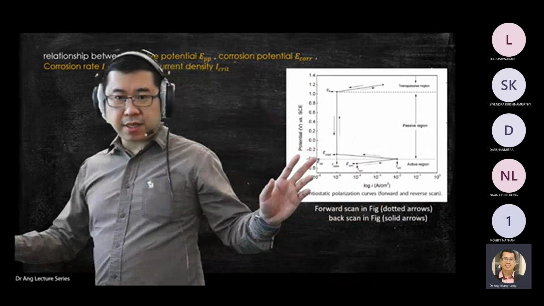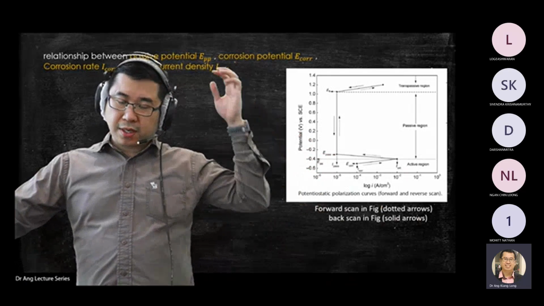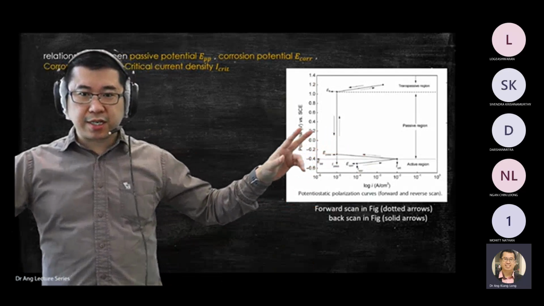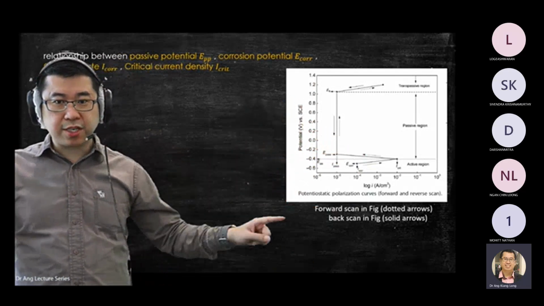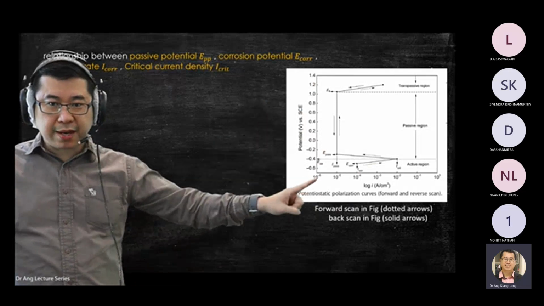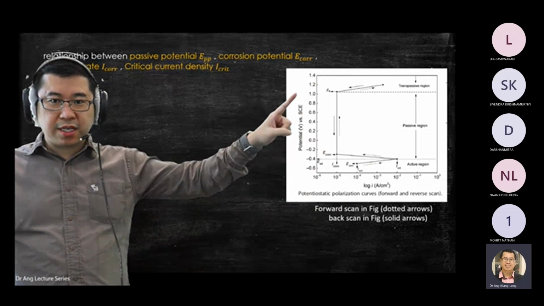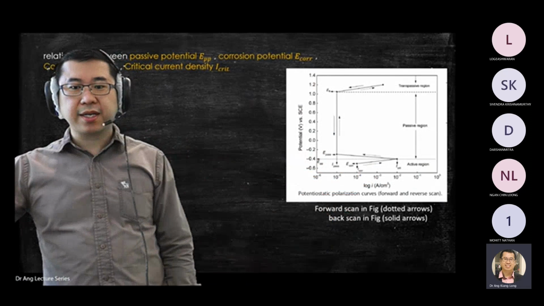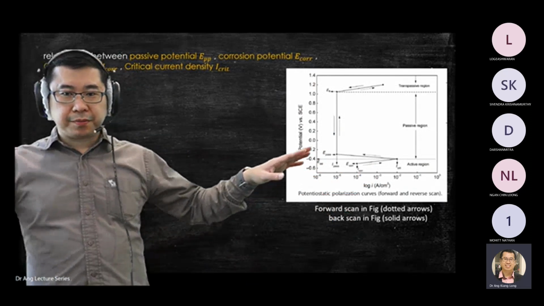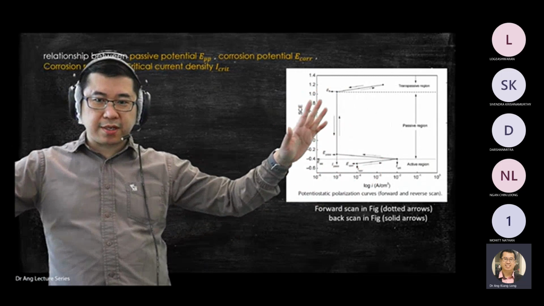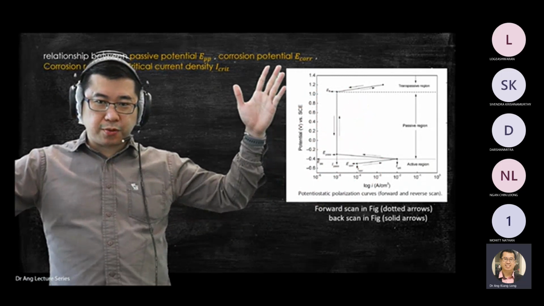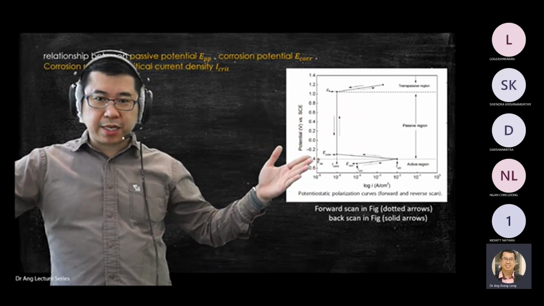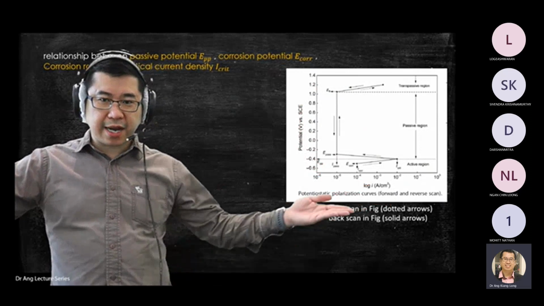And then I give you one chart in your tutorial handout. This chart is an Evans diagram. The potential E is on the y-axis, and the x-axis is log I. Don't get confused by the line first. Be clear about the axes and what they mean.